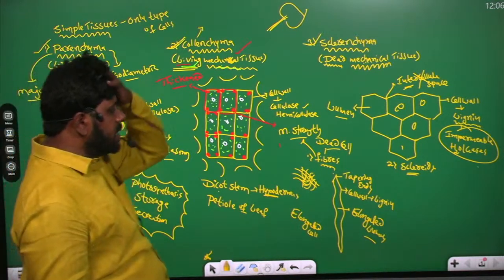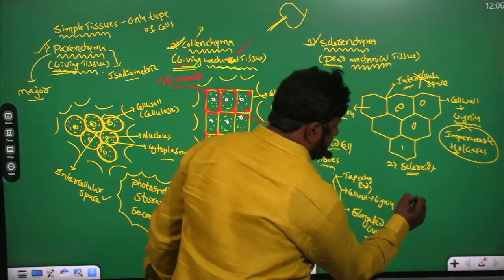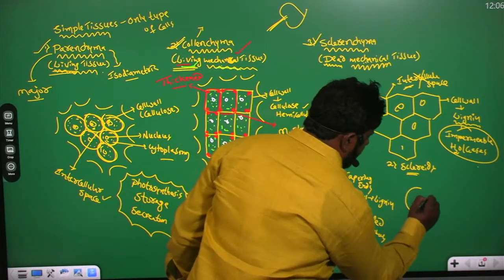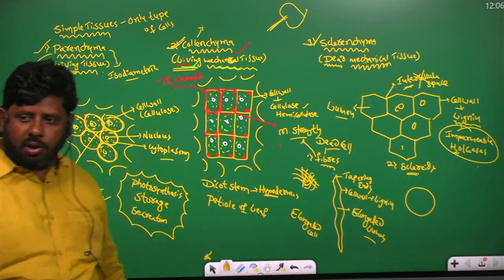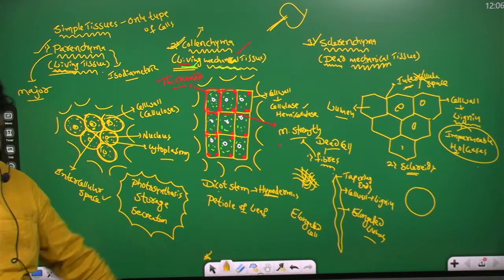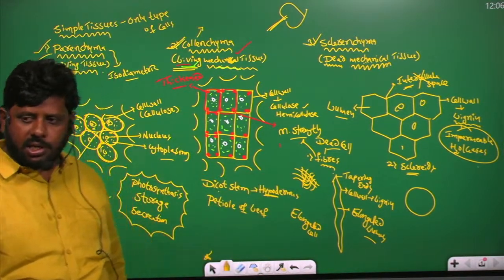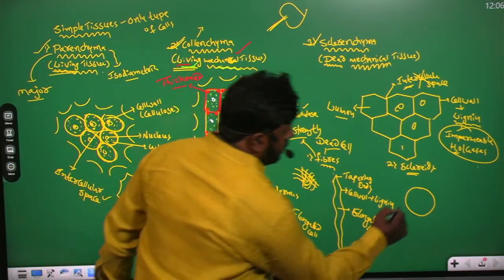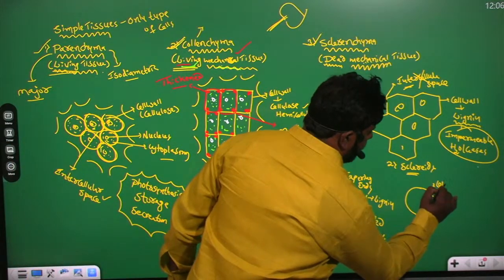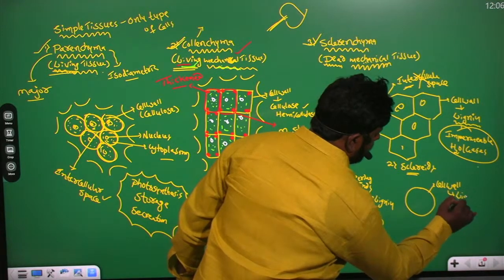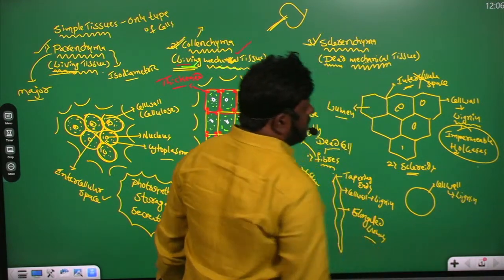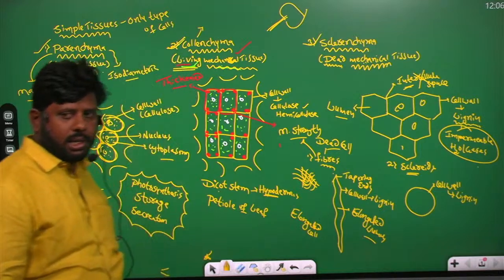And second one is the sclereids. Generally sclereids are spherical bodies. Fibers are elongated with tapering ends, but sclereids are spherical in shape. Every sclereid is also surrounded by a cell wall made up of lignin.